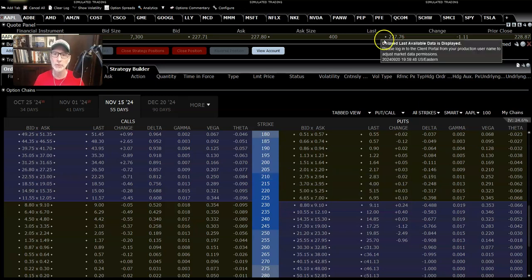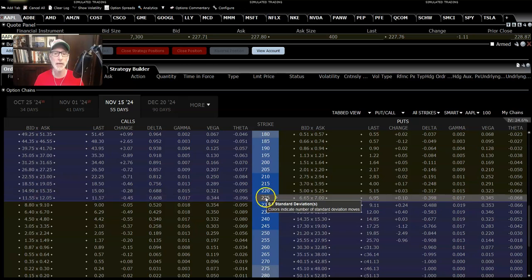So if Apple falls to $210 in the next 55 days, you're on the hook to buy it for $225, even though you got $680 up front. So there's a trade-off. Do you want a higher probability of winning? If so, then you're going to get less money paid to you. If you want more money, you're going to have to accept a higher probability that you may have to buy shares of the stock, because the stock can fall that far.